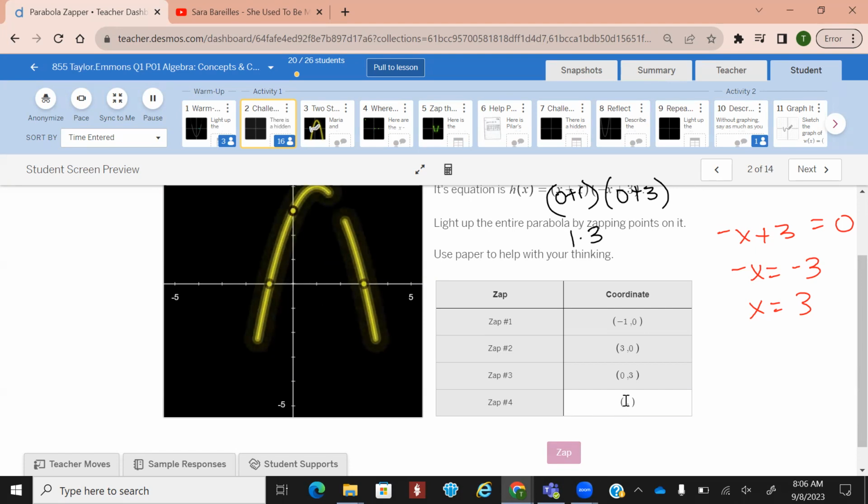Okay, so how do I figure out another point? Oh, we already found our x-intercepts. So this little gap right here, what's my x value there? 3. Try again. This x-intercept right here. 2. So we're going to take 2 and we're going to plug it into our equation.